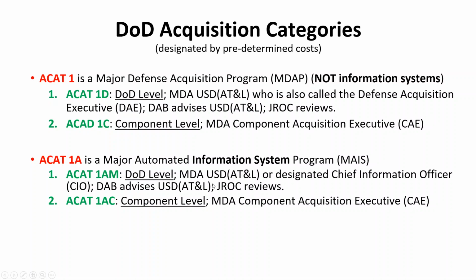Same thing as above, but because it's an information system, the USD AT&L will designate his subject matter expert, the Chief Information Officer, the CIO, who's your intelligence person for information, to be the decision maker for those information systems. ACAT 1AC: again, the A tells you it's an automated system, and the C tells you it's a component level.